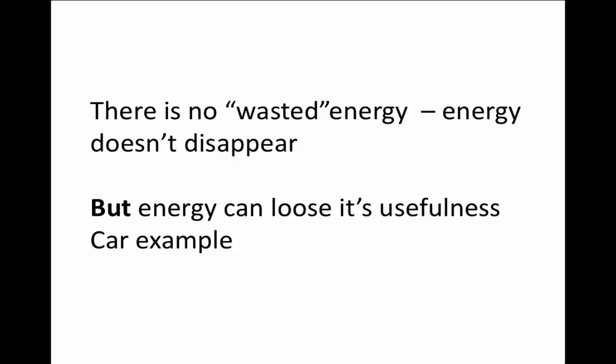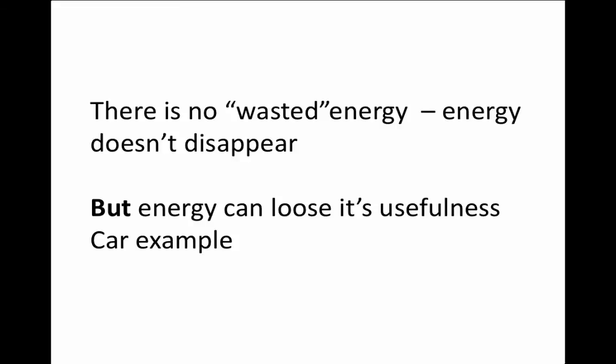It just isn't doing something useful for us. So when I get done with that gallon of gasoline, it's been converted into a bunch of different things. The same amount of energy that was in that gasoline, about 140,000 BTUs per gallon, is in all those, the heat in the engine and the friction in the tires and all those other things. But we can't take that energy now that's been dispersed through heat and friction and put it back in the car and drive the car.